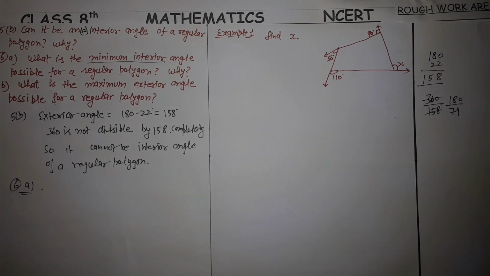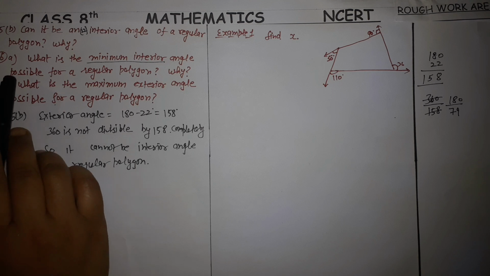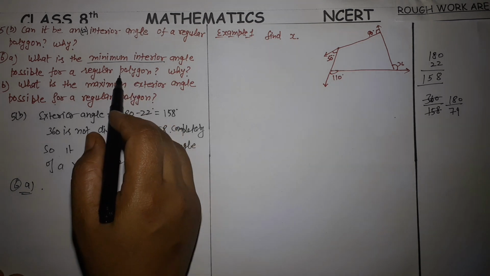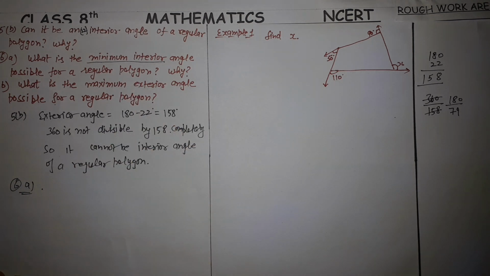Next, 6th A. What is the minimum interior angle possible for a regular polygon and why? The smallest polygon is a triangle, and in an equilateral triangle the angle is 60 degree.